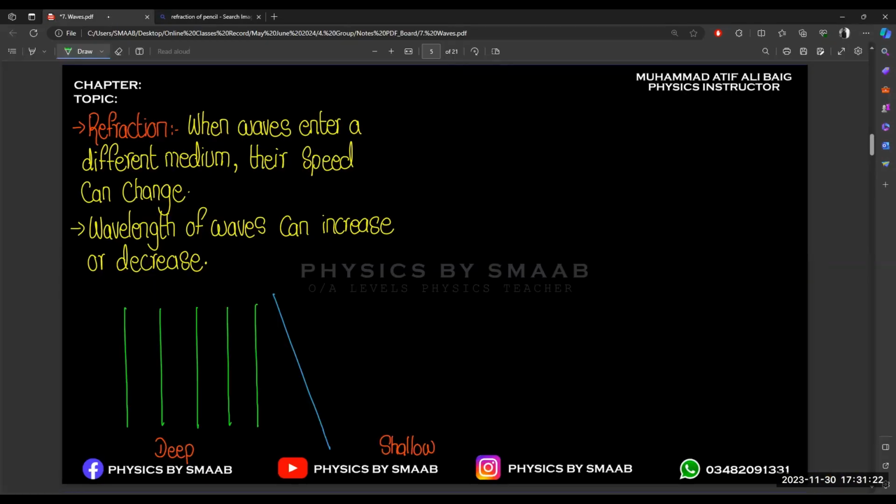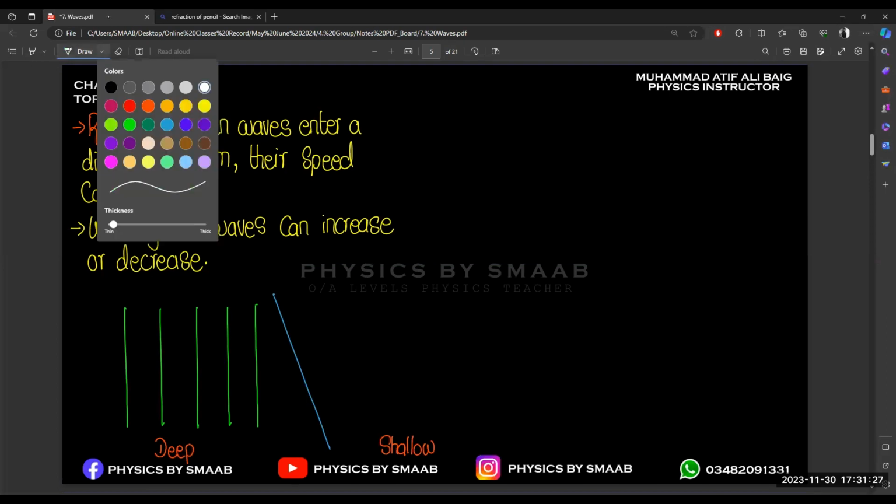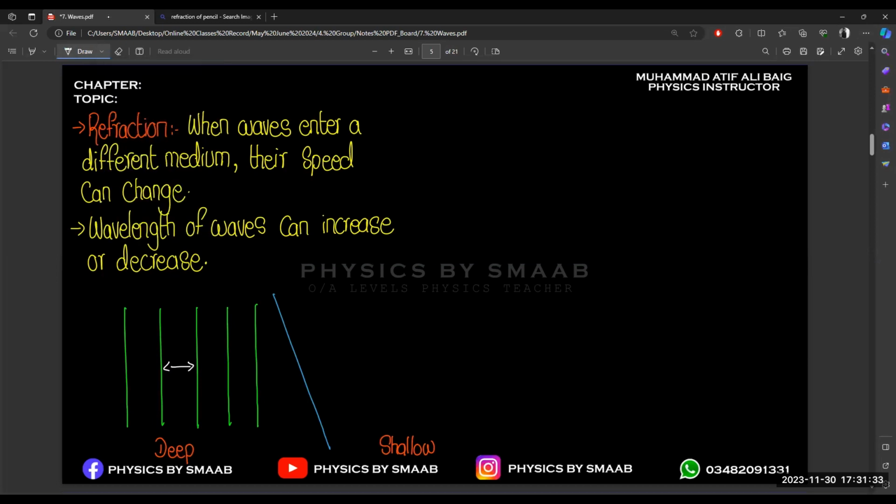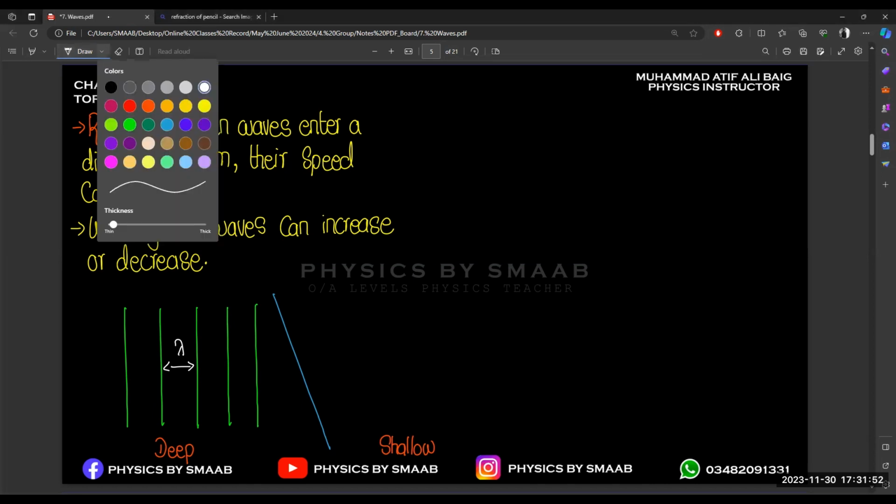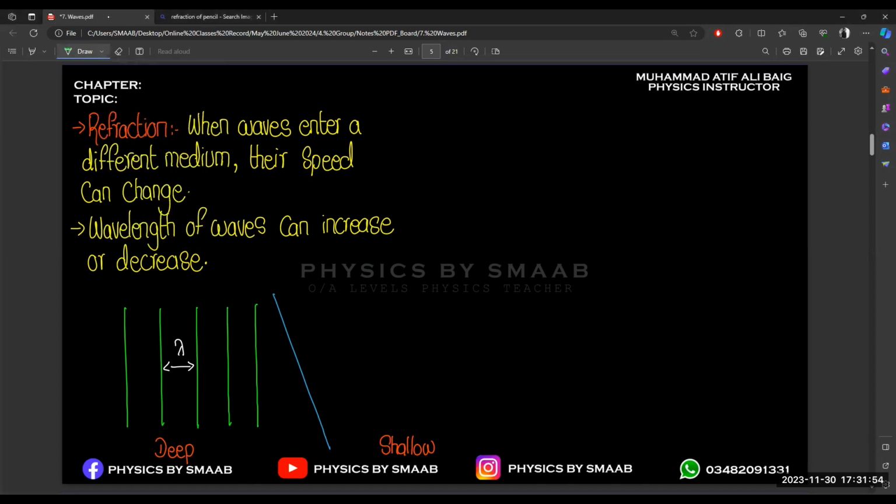And there will also be a change in the wavelength, because if we compare the wavelength from the first diagram, this is the wavelength, because previously we discussed that the light colored line shows the crest, and the dark area shows the trough. So the distance between two consecutive crests is equal to the wavelength. We can easily mark the wavelength from this diagram. Plus, if we draw the shallow medium waves, they will be like this.